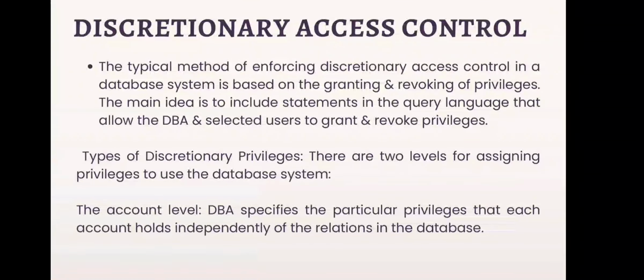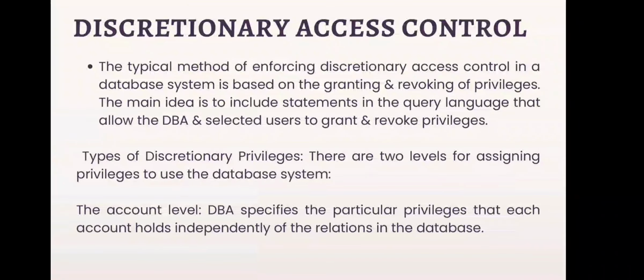Types of discretionary privileges: there are two levels of assigning privileges to use the database system. The first is the account level. The DBA specifies the particular privilege that each account holds, independently of the relations in the database.